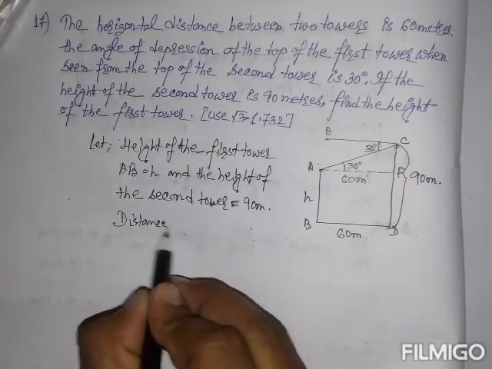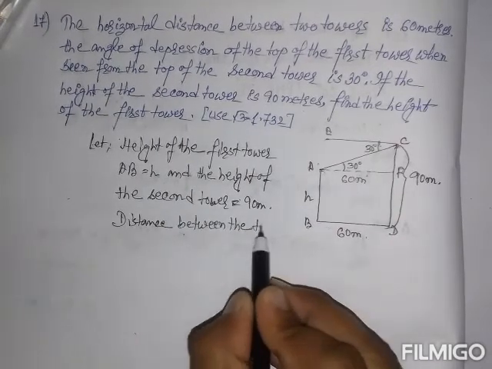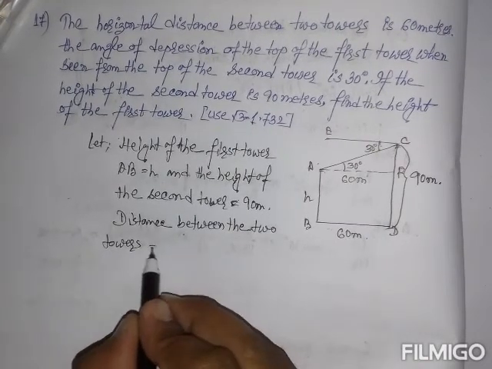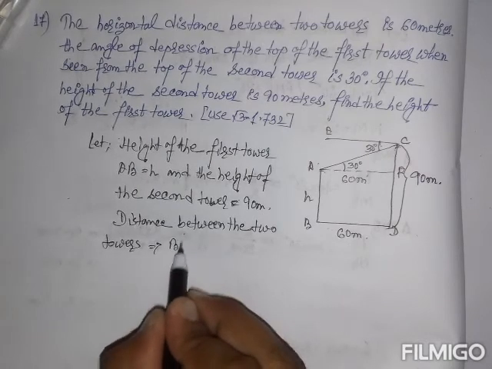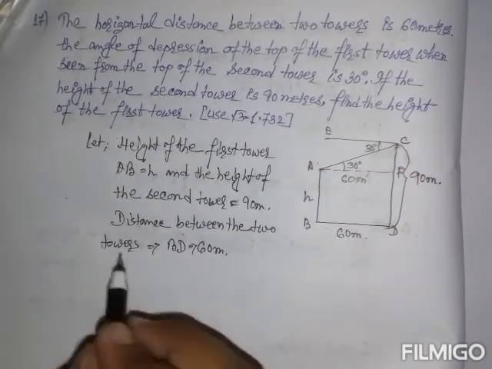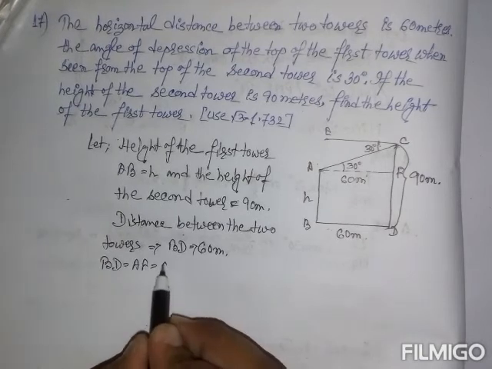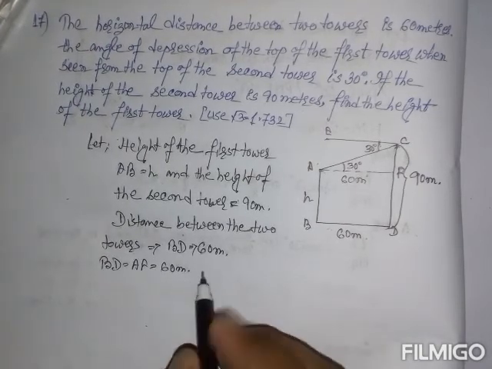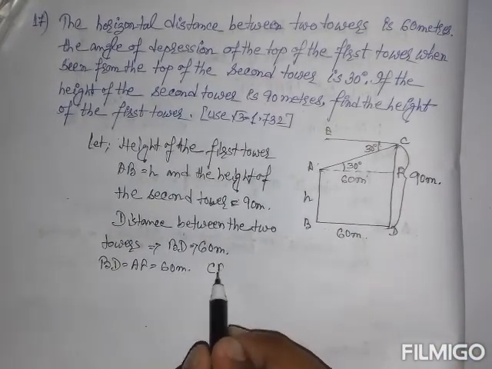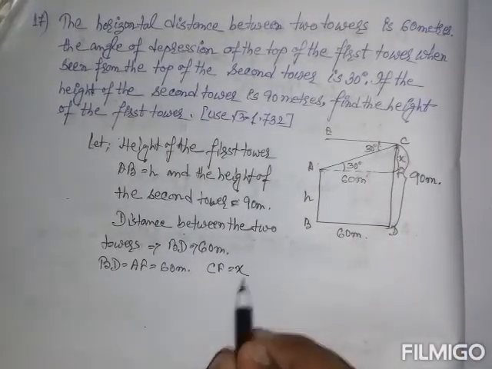The distance between the two towers is BD, that is 60 meter. Now BD is equal to AF is equal to 60 meters, and let CF be equal to x.